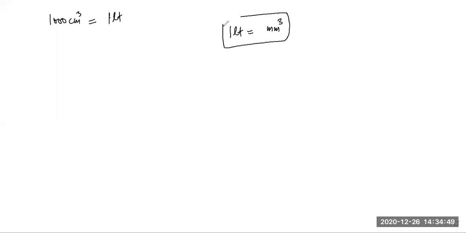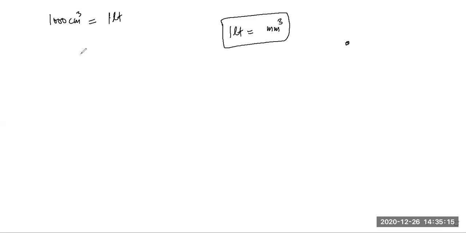In 1 liter, 1 millimeter cube will be only this much of volume. In this much of volume, how many liter of water can come? Come on, can you calculate?